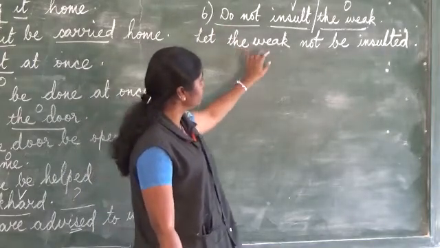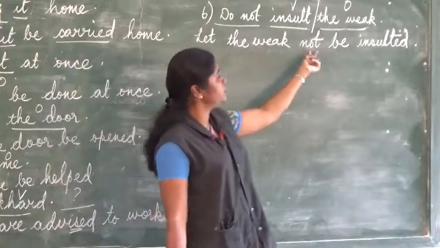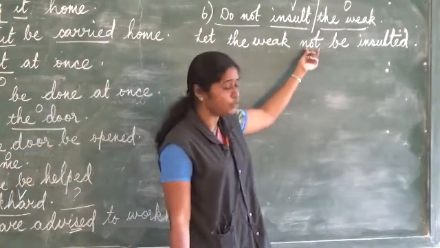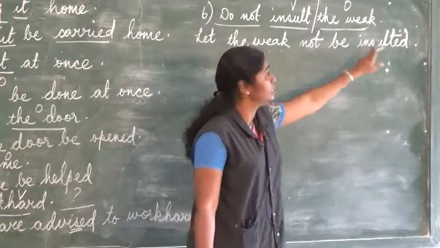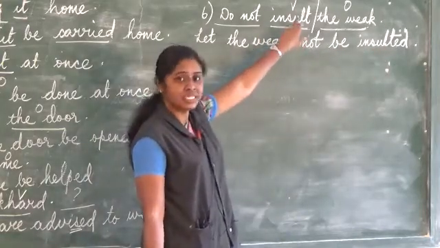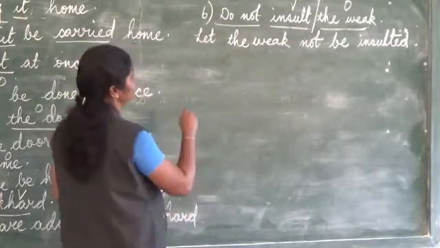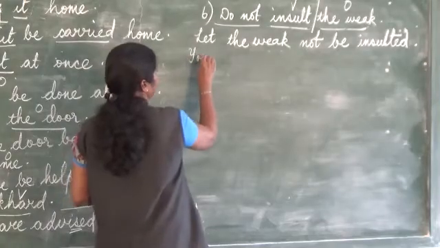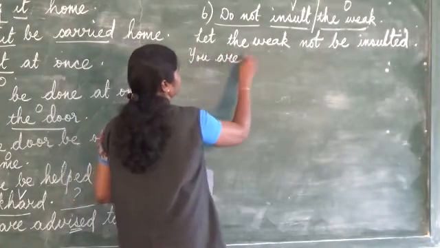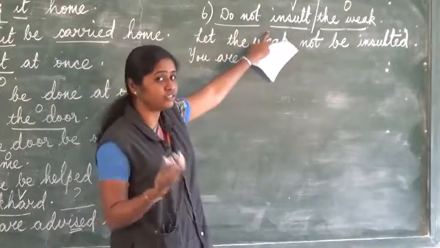So this is how you have to change the negative imperative into its passive form. Let the weak. The weak is the object here. The object should be immediately followed by the negative word "not", then the word "be", then V3 of the given verb. The given verb here is "insult". Now the second form for this will be "you are". This can be taken either as an instruction or an advice.